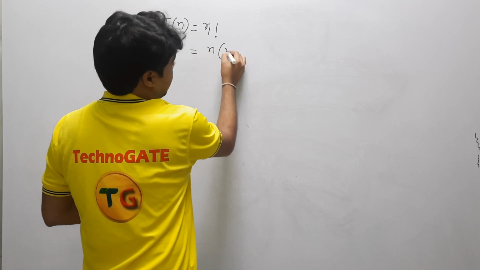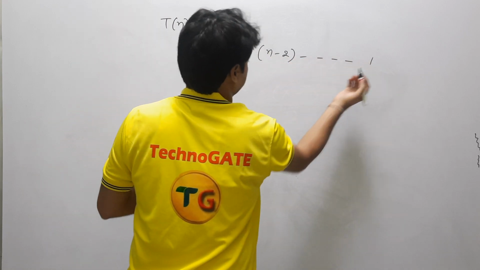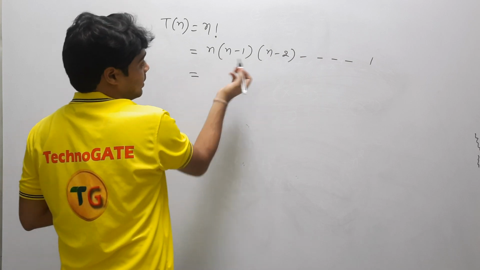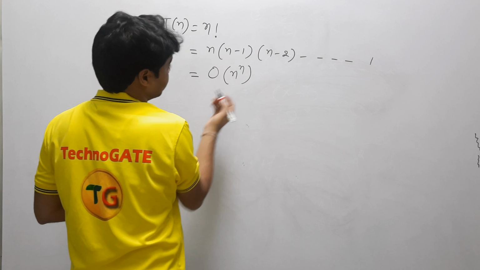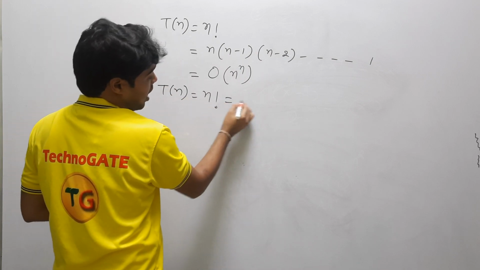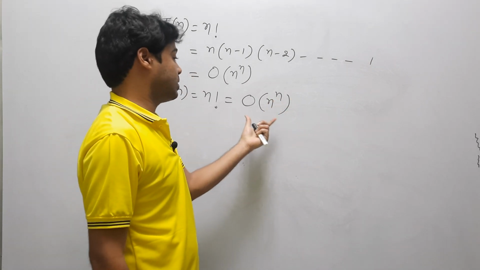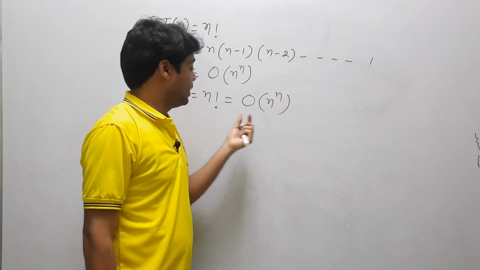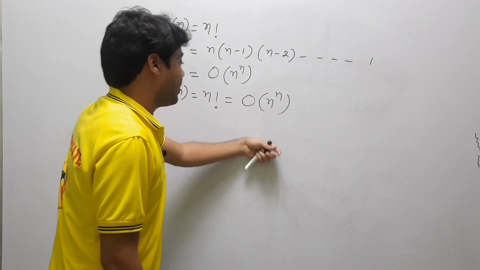So what is the bound here? n into n into n, big O of n raised to power n. So T of n, n factorial, has upper bound n raised to power n. So this is the upper bound. This function's growth rate is compared to this function. So n factorial is big O of n raised to power n here.